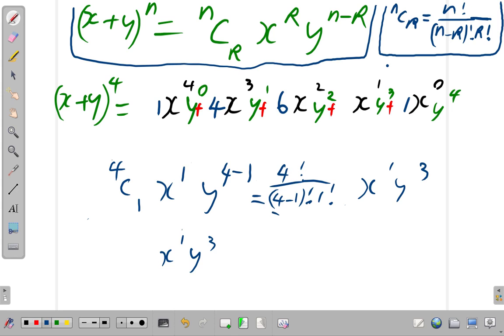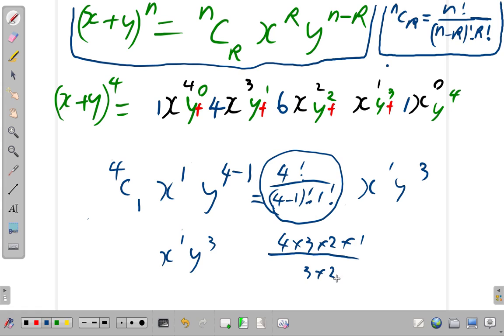Now this is going to give us the number that should come here. 4 factorial is 4 by 3 by 2 by 1, divided by 4 minus 1 factorial, which is 3 factorial, which is 3 by 2 by 1. And that is multiplied by 1 factorial, which is just 1. So 3 by 2 by 1 cancels 3 by 2 by 1. We have 4 here. So it is 4.